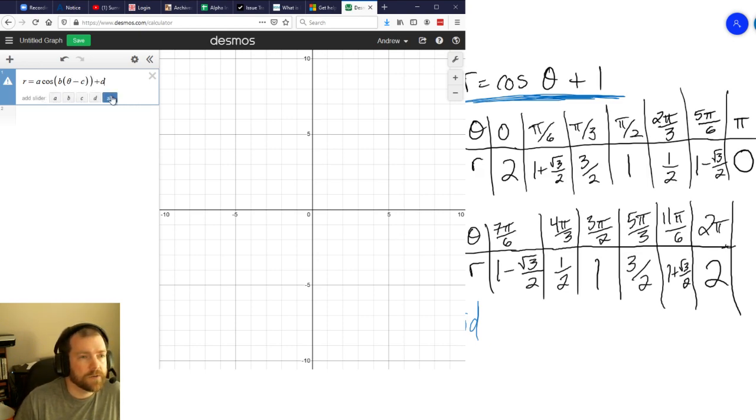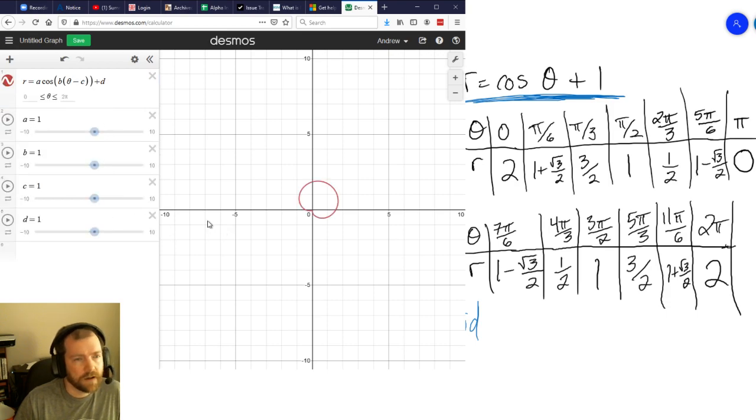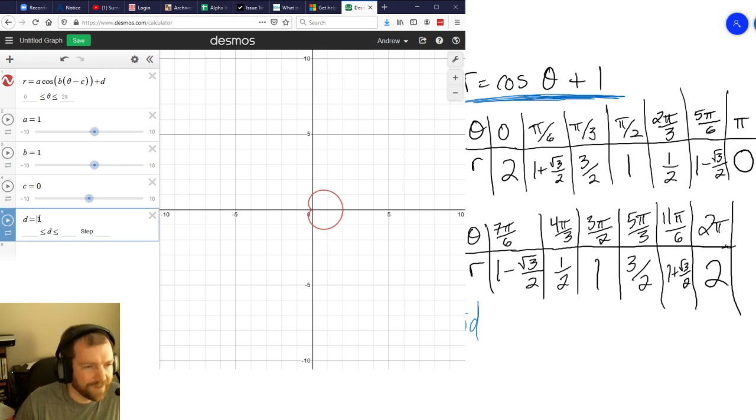I'm going to add sliders for all four, a, b, c, and d, and return.